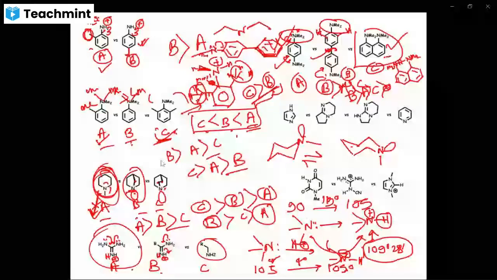So the basicity of B will then decrease. So we are not sure about this order, but C is a proton sponge and it is highly basic. That is for sure. About A and B, there is a confusion, and I will clear it in the next lecture.